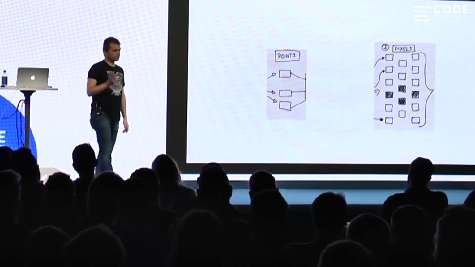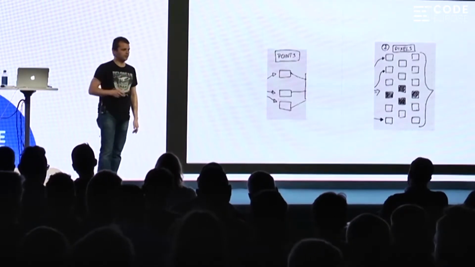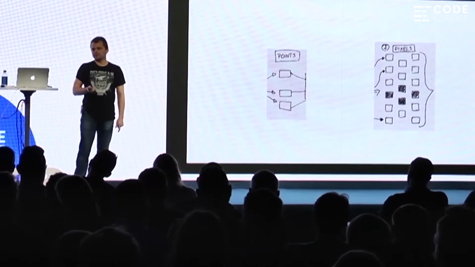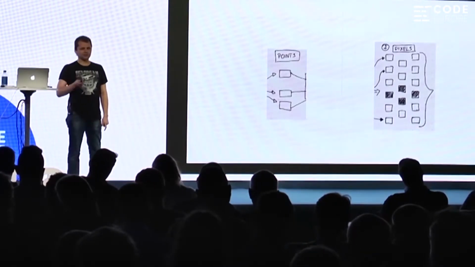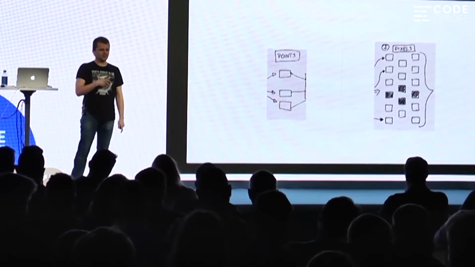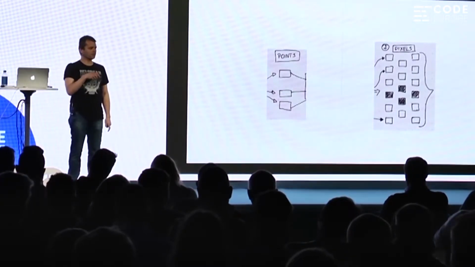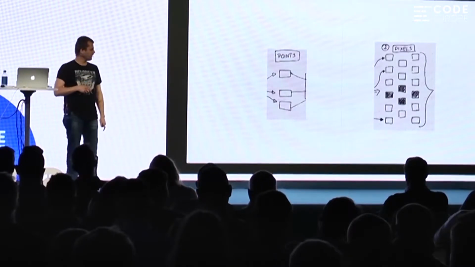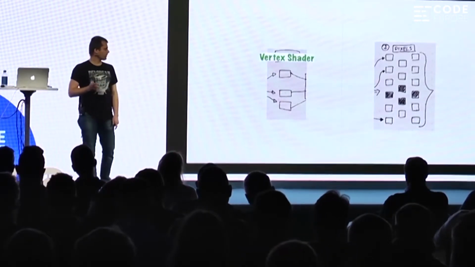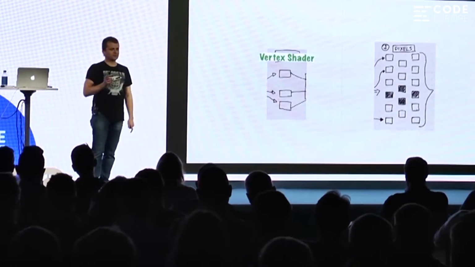OK, so let's focus on those boxes right here. The thing is, your graphic card actually has hundreds of cores. So each box in the slides is actually a small program running on one of those cores. The first box is a vertex shader.